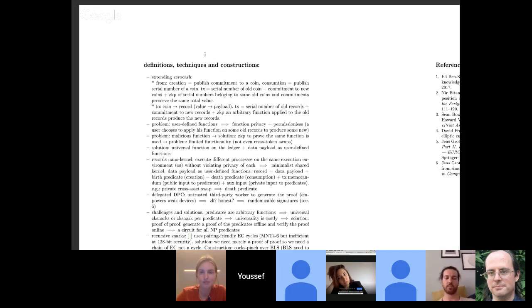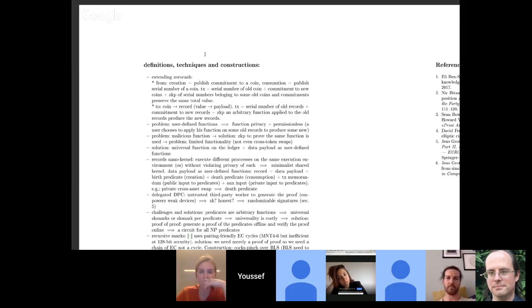So a transaction is basically a serial number of some old coins, a commitment to new coins, and a zero knowledge proof that everything is okay: that the serial number belongs to some old coins stored on the ledger, and the commitments preserve the same total value. So no coins were created from thin air.